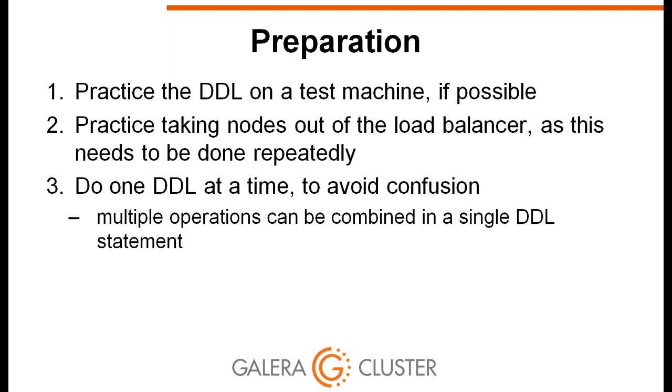And finally, make sure that you do one DDL at a time in order to avoid any confusion as to which node has which version of the schema. So make sure that you run one DDL at a time on all the nodes, and only after you have finished with this DDL statement and you have confirmed that everything is good, then go back to the first node and run any subsequent DDL statements that you need.